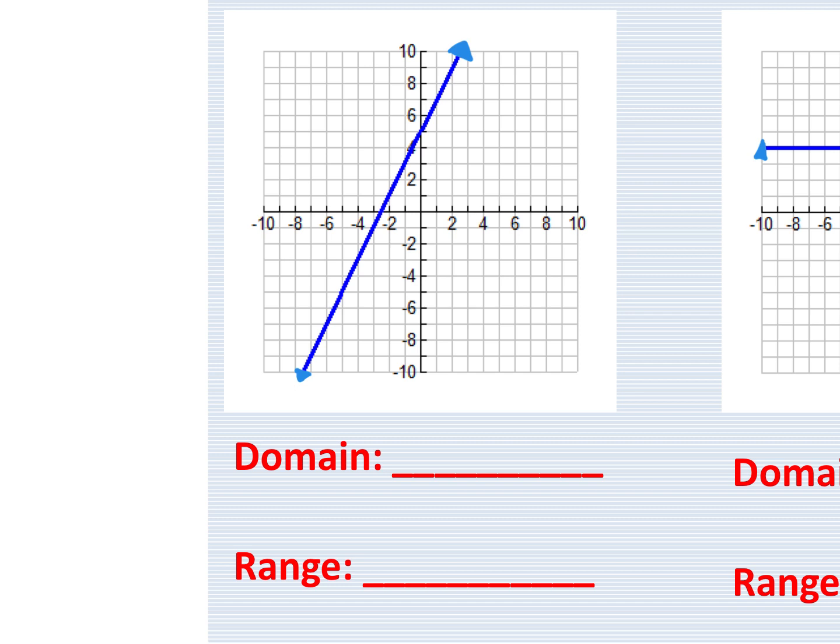All right. So let's look at this first example over here to the left. They're asking us to find the domain and the range. Well, the side note that we have to remember is that the domain is when we think side to side, and the range is when we think up and down. Everybody with me? Okay. As you look at the domain, what are the ends doing?